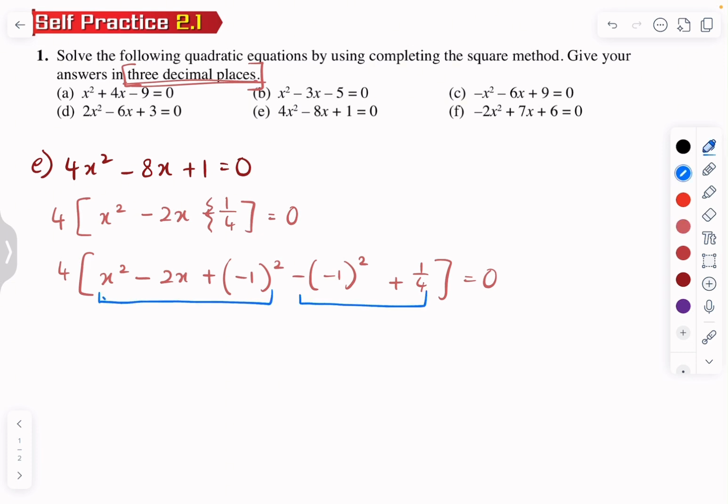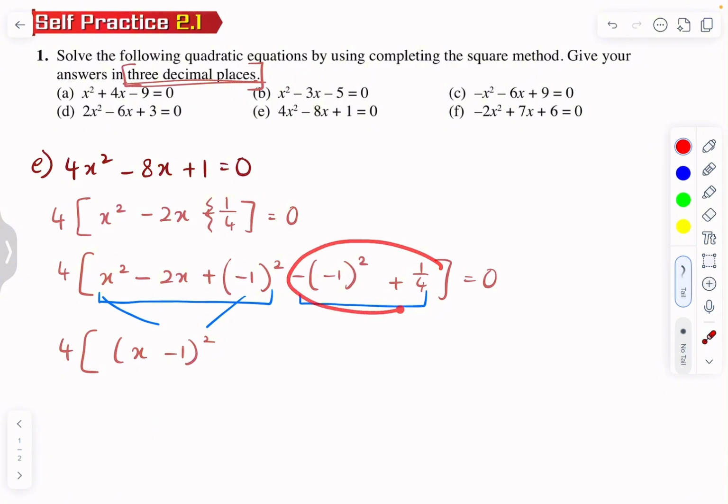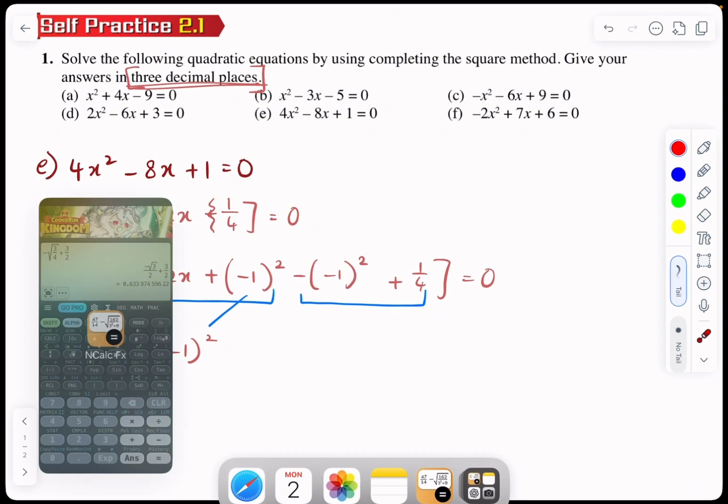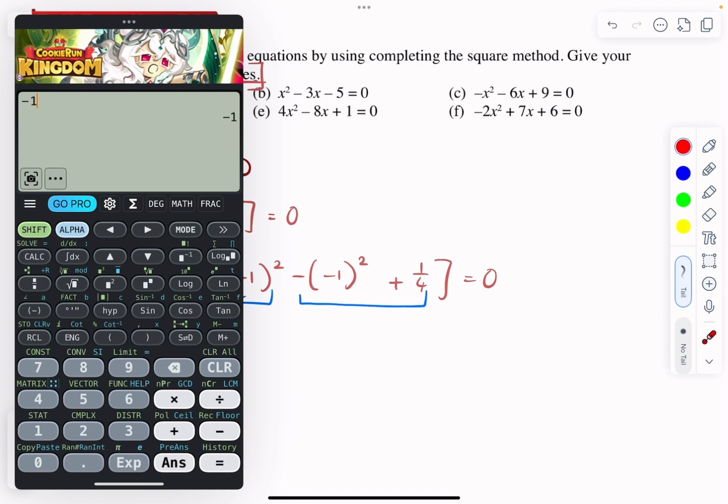So the first part we take out the x and negative 1. So we'll be left with 4 times x minus 1 square. And then you just calculate this and write it here. So the second part is just putting it inside the calculator. So negative 1 square plus 1 over 4 is negative 3 over 4.